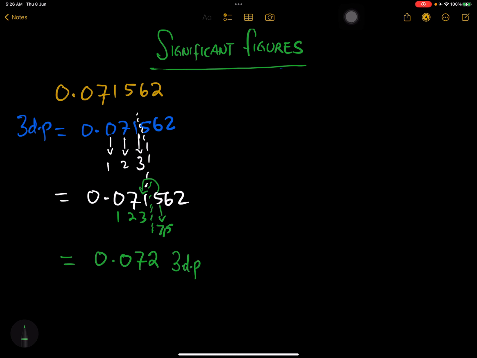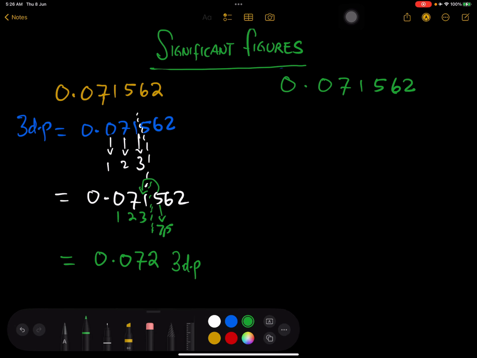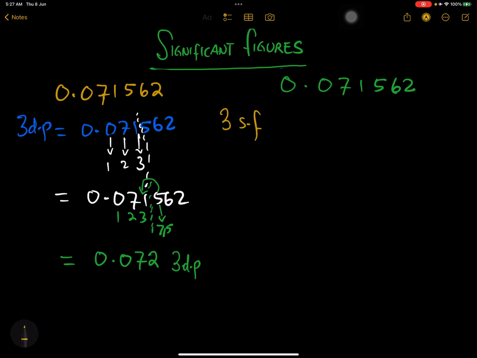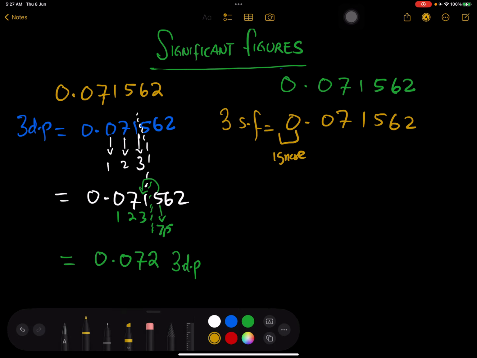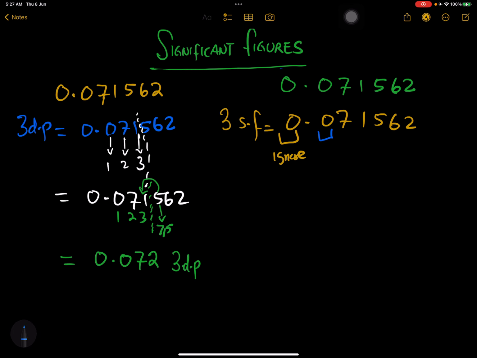Now, can we say the same for significant figures? 0.071562. If we're going to write this in 3 significant figures, this is 0, so we ignore that. And this is also going to be ignored, because the number that comes before this decimal point is 0.